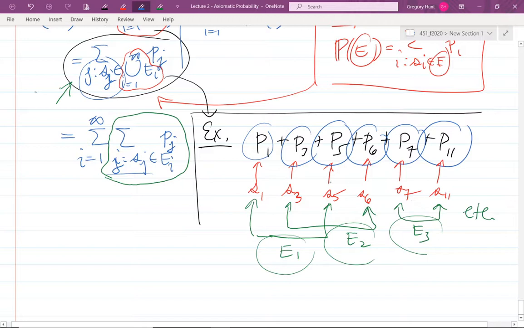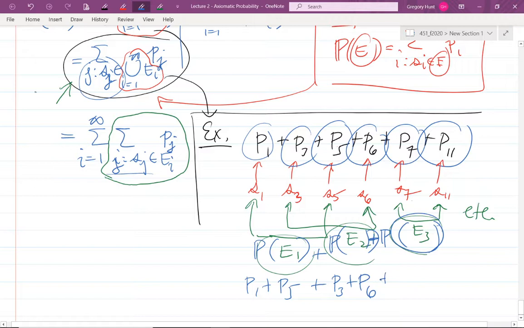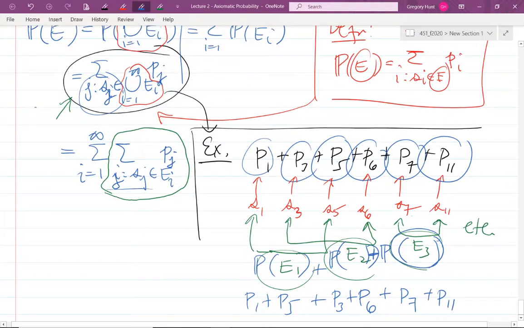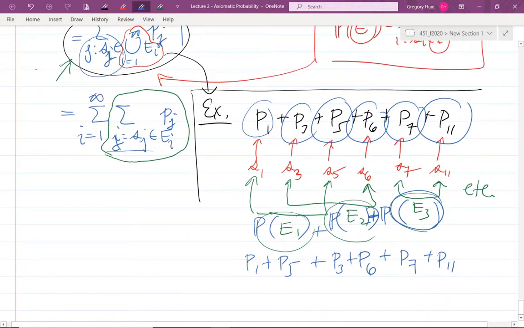And so I could rearrange my sum where it's basically the probability of E1, which is P1 plus P5, plus the probability of E2, which is P3 plus P6, plus the probability of E3, which is P7 plus P11. So basically I've just re-indexed my sum. And each of these things in here is the probability of E sub I.